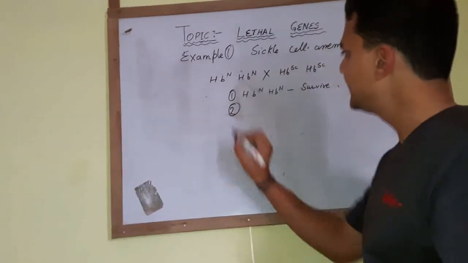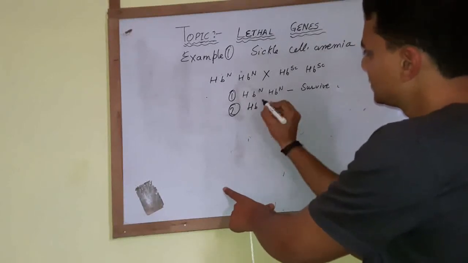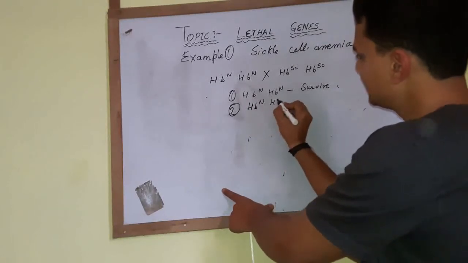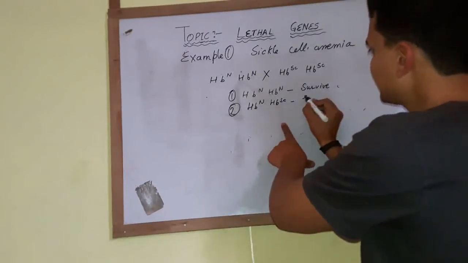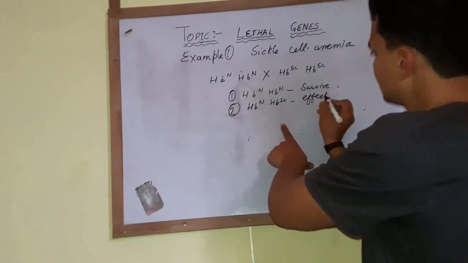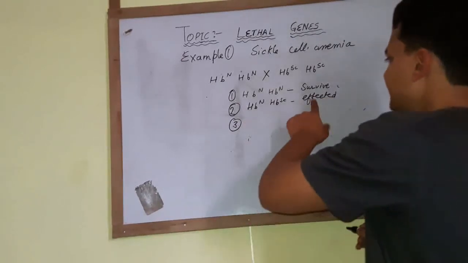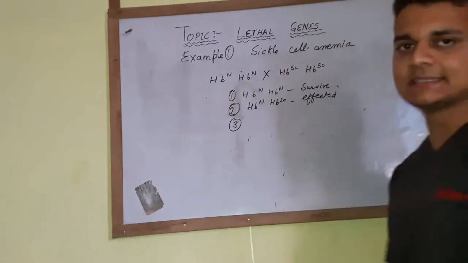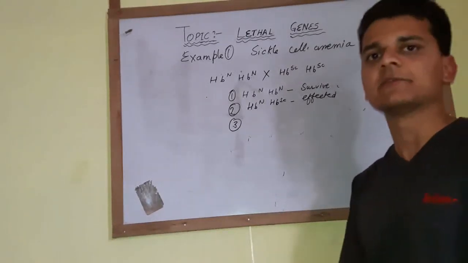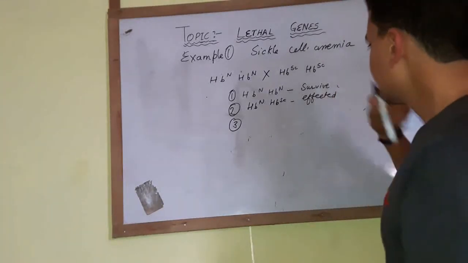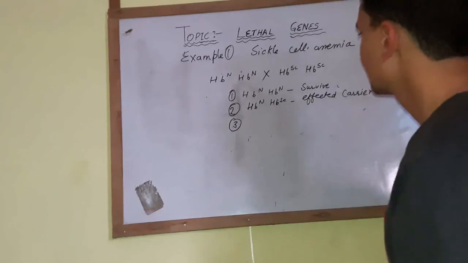The second offspring will be hemoglobin normal and hemoglobin sickle cell, that will be affected. It is affected, but the chances are there that it will live or not live, survive or not survive. It is also called a carrier, right?